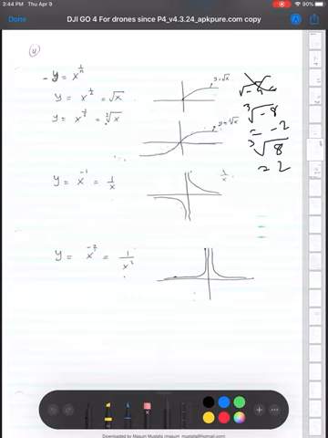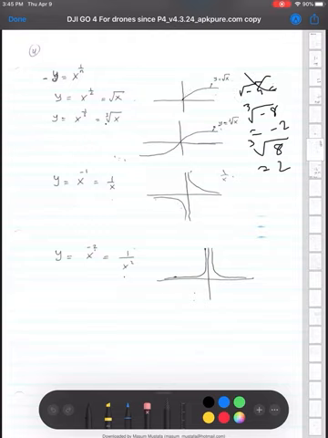Because if n is even, which is 2, 4, 6, all the even numbers, and you want to take a square root of a negative number, for example the square root of -4, it's going to give you an error. It's not a real number, it's going to give you a complex number. That's why this graph only exists in the positive y-axis.